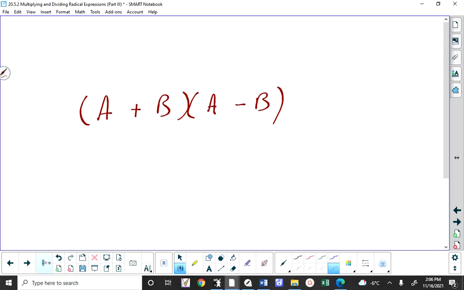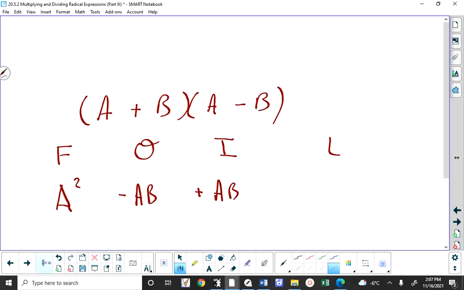Okay? If I FOIL this out, first, outer, inner, last. What do I get? First is A times A, which is A squared. Outer is A times negative B, which is negative AB. Inner is A times B, which is AB. And last is B times negative B, which is minus B squared.